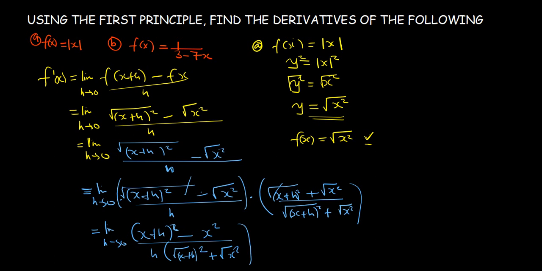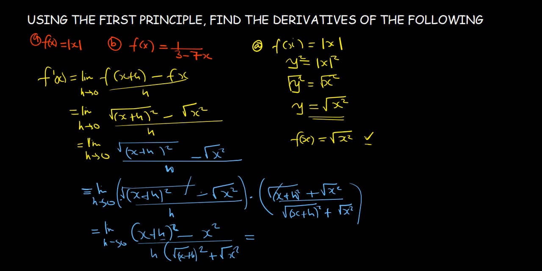Then the other thing that we can do is to expand this. At this stage I won't write the limit, I'll just go direct and say equal. So I'll expand this part here.